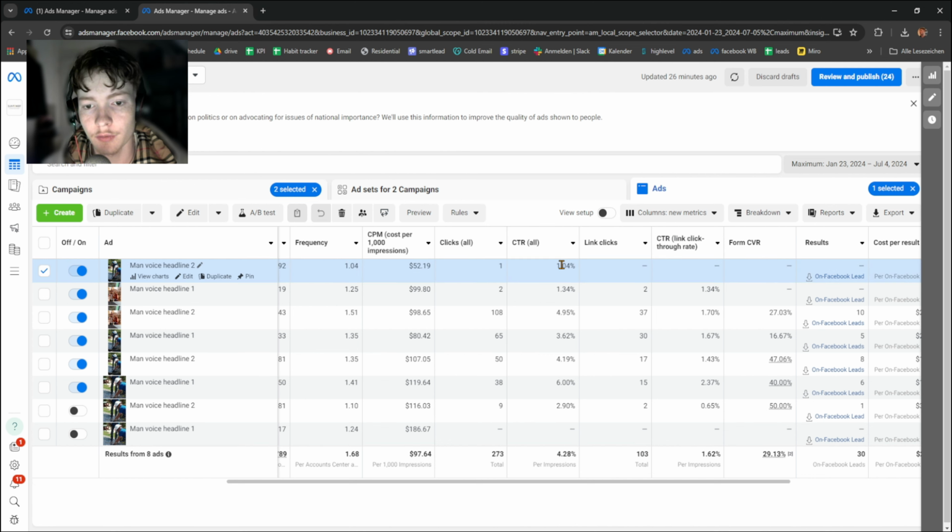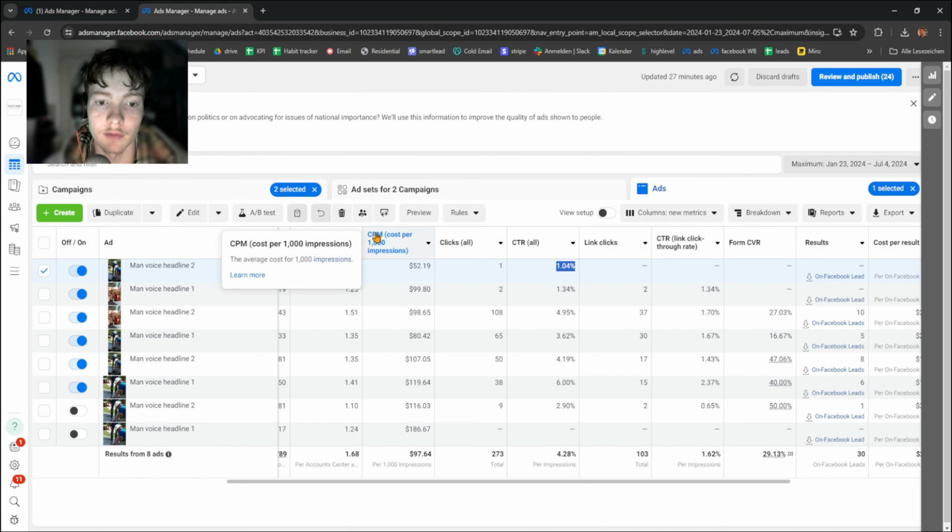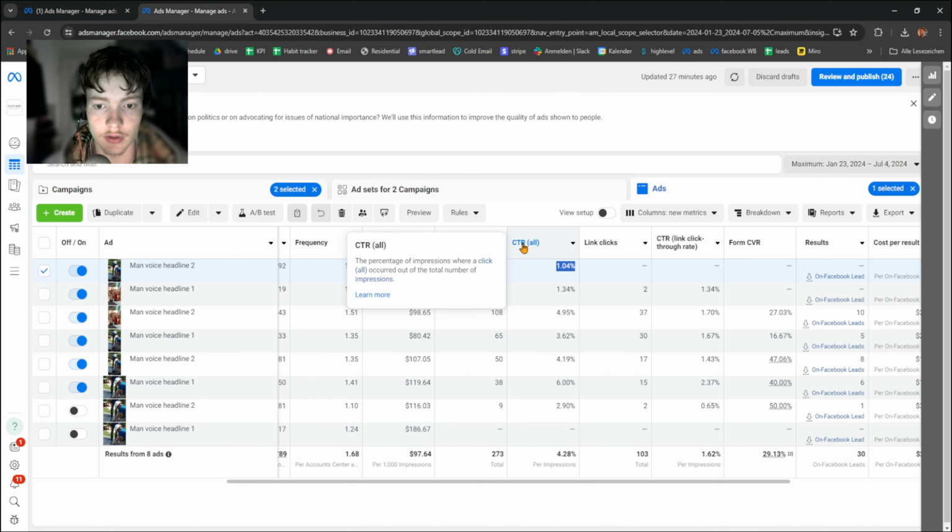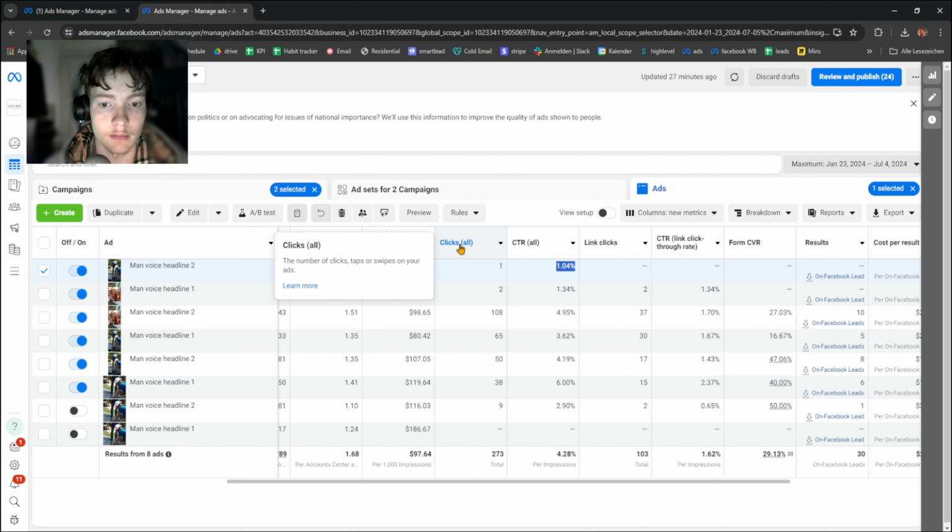So if you get a really bad CTR all, that's a sign that your offering is not good, your positioning is not good, how you convey your ad just doesn't resonate with the audience. You may have a good CPM because they stop because the hook is interesting or the colors are bright or whatever, but then they look at the ad and decide to skip because they are not interested in what the ad tells. So this is how you can bring your CTR all up and get more clicks.